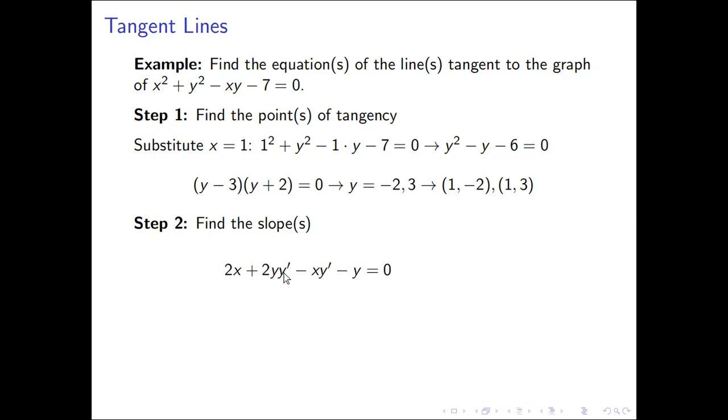Don't forget the y prime. And then here I applied the product rule. I thought of the first term as negative x and y as the second term. So it's negative x times the derivative of y, which is y prime, plus y times the derivative of negative x, which is -1, so you have negative y.